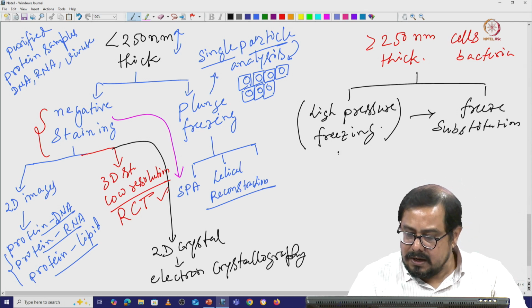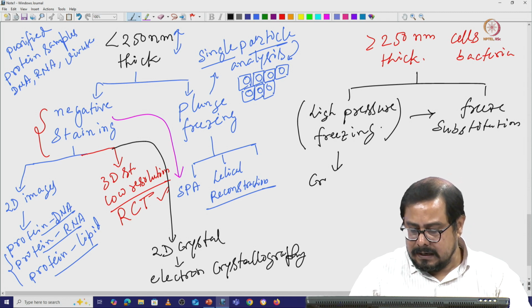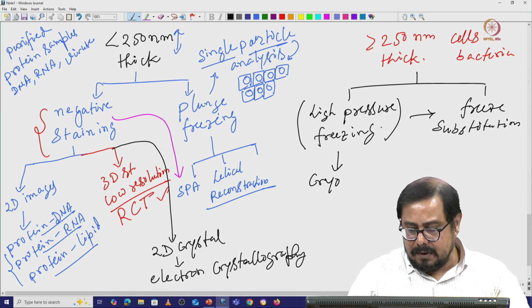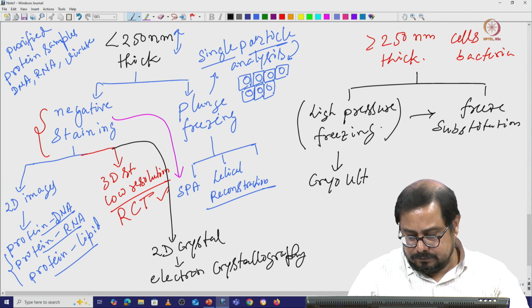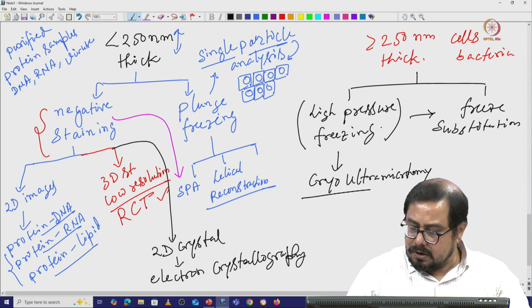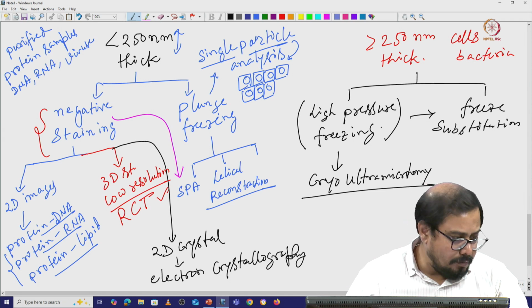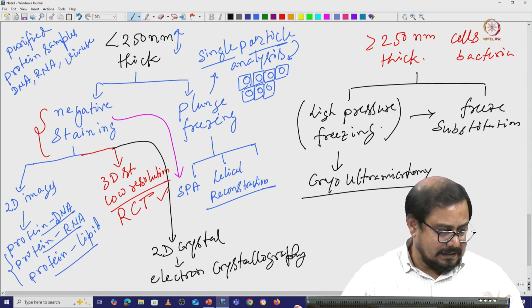The next step, after high pressure freezing, will be cryo ultramicrotome. So, cryo ultramicrotome is an equipment and we are using cryo ultramicrotome to do the next step.